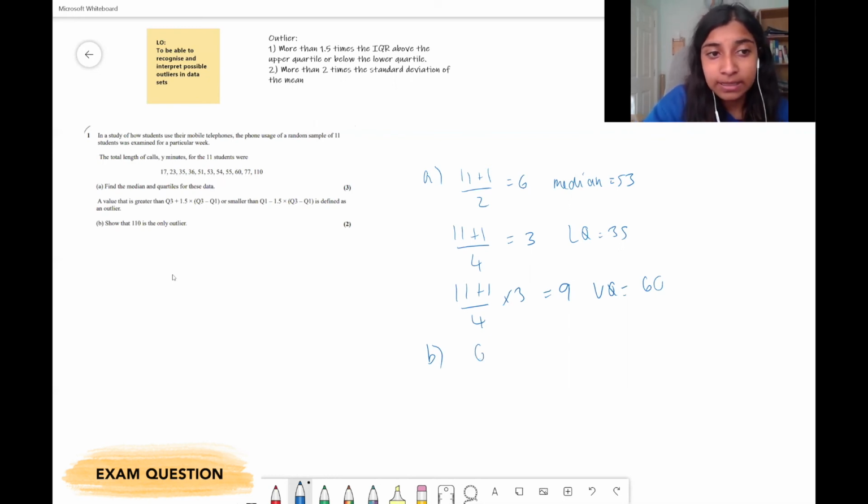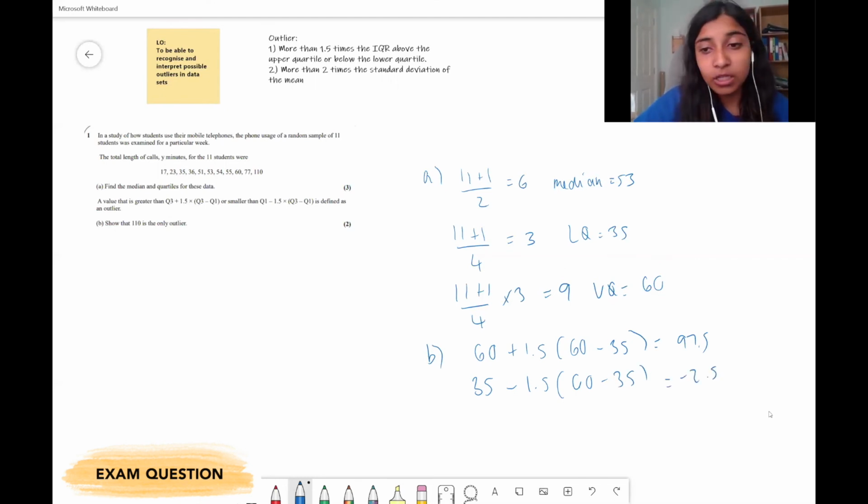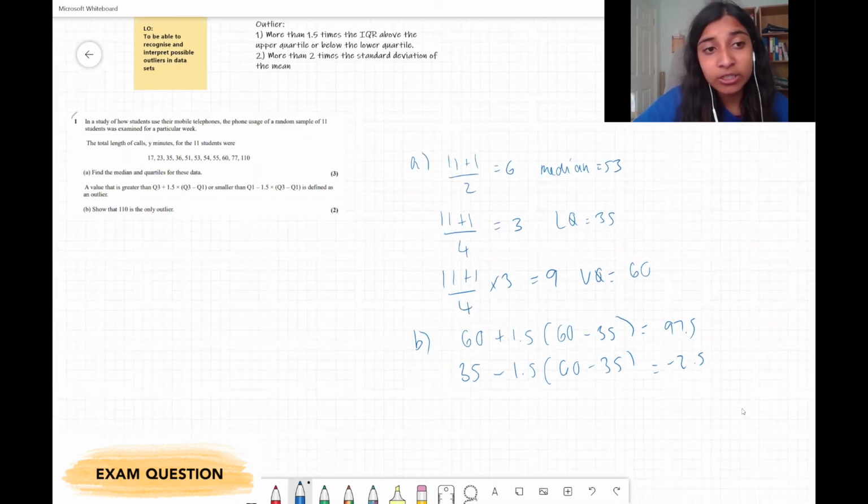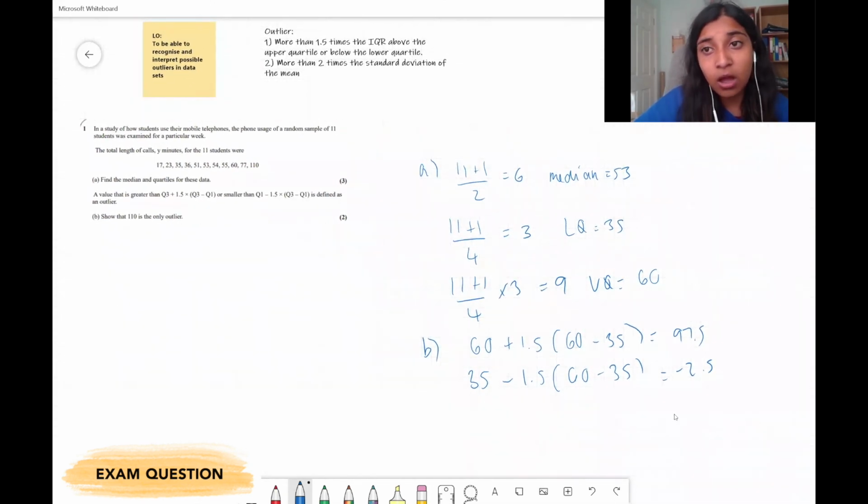That'll be 60 plus 1.5 times (60 minus 35), which is 97.5. Then for the lower fence, Q1, which is our lower quartile: 35 minus 1.5 times (60 minus 35), which is minus 2.5. So the range that your values can be that aren't outliers is between minus 2.5 and 97.5.